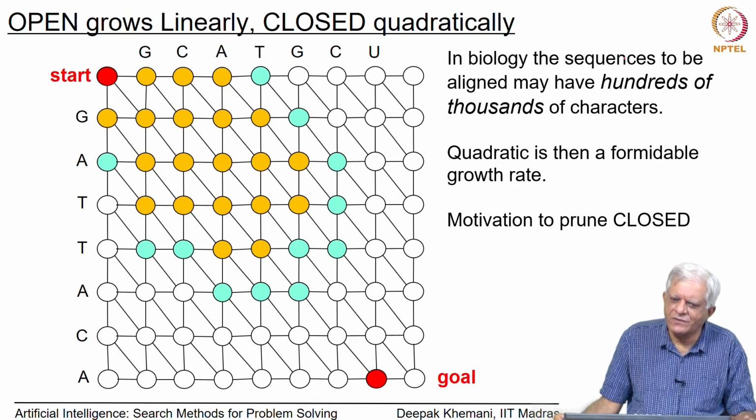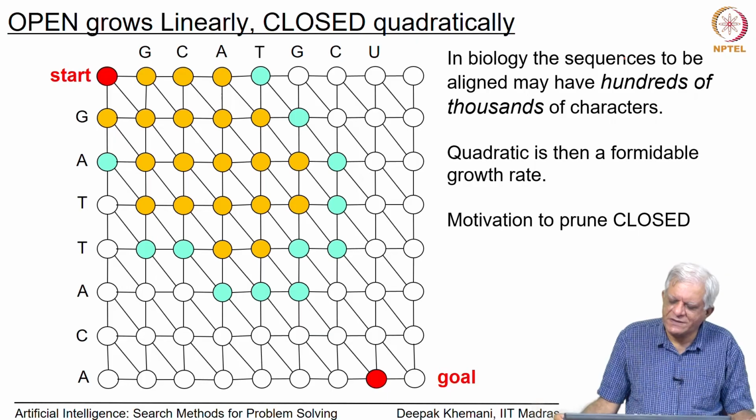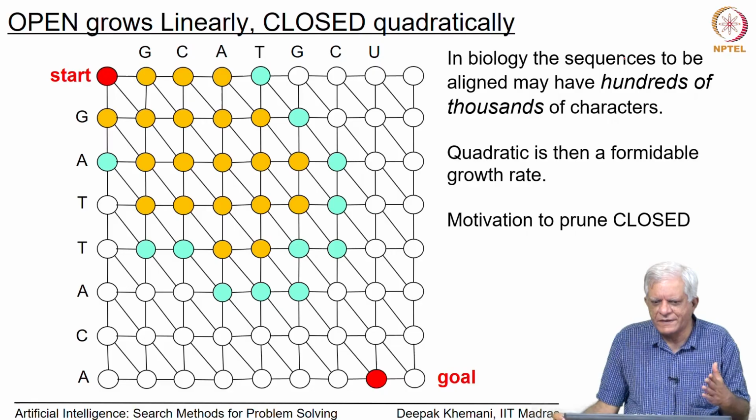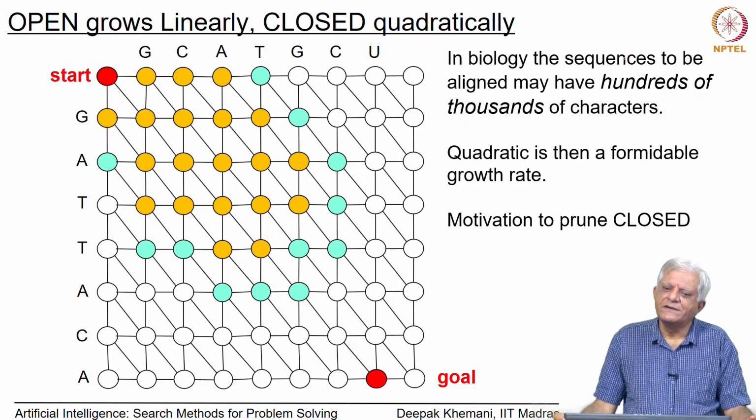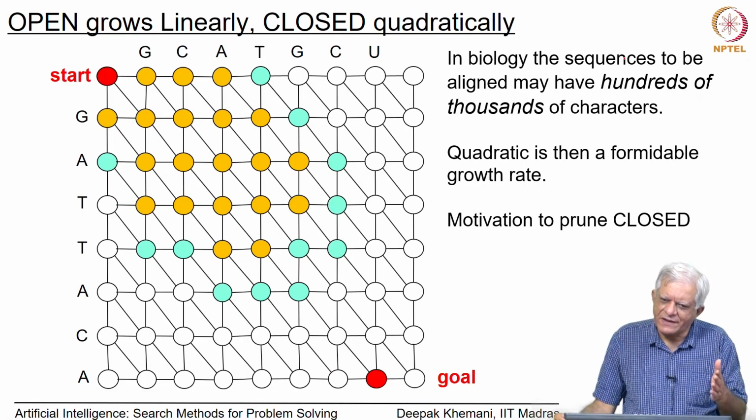As we saw in the beginning of the course when we were talking about depth first search and breadth first search, in breadth first search the open is exponential, and most of the work is done in the last row, which is one of the reasons we said that if we can move from that representation to a linear space representation like we did for DFID, then the amount of space that we will need would be considerably reduced essentially.